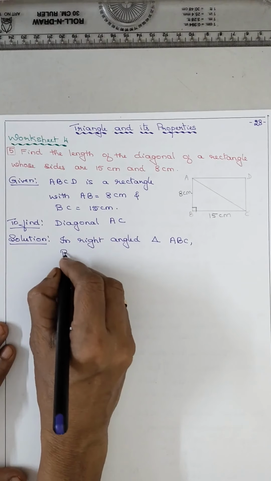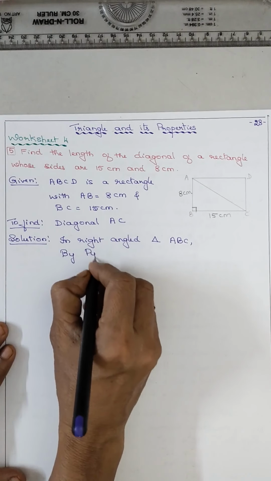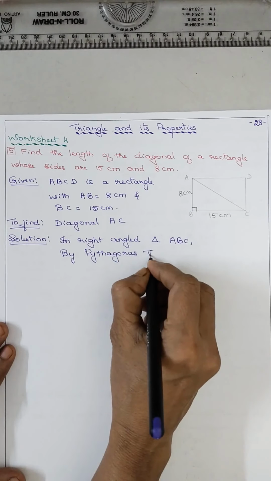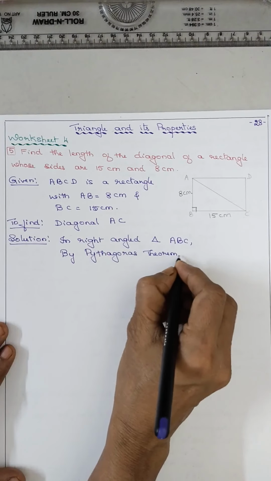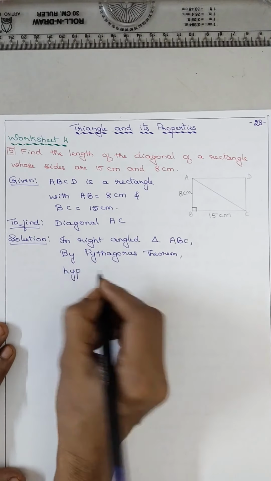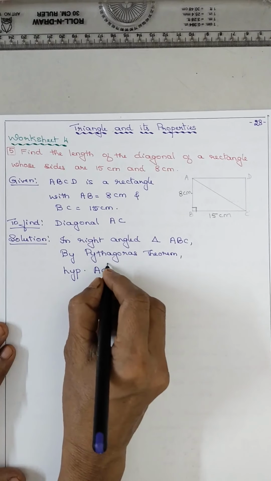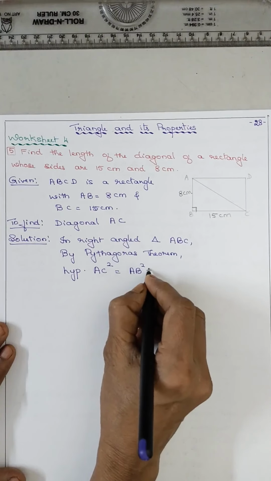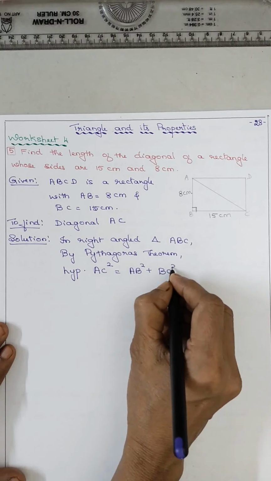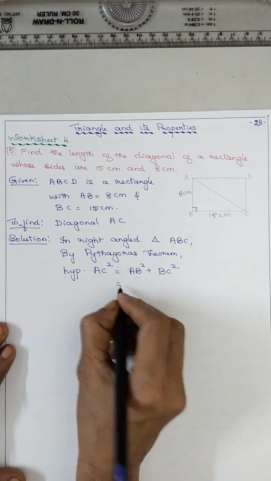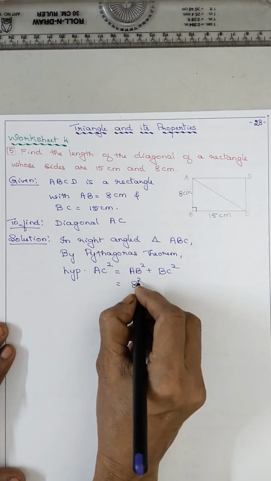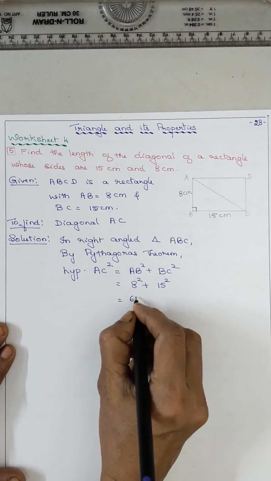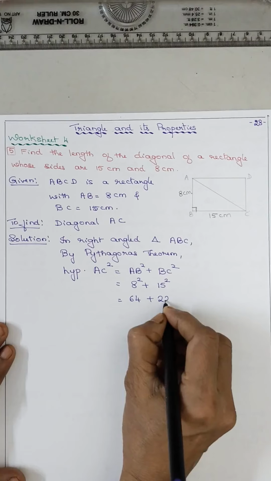So by Pythagoras theorem, hypotenuse is AC square is equal to AB square plus BC square. AC square is equal to 8 square plus 15 square, that is 64 plus 225.